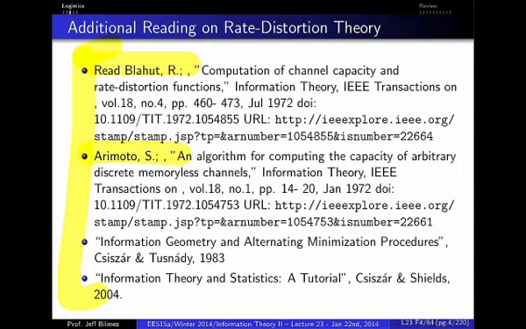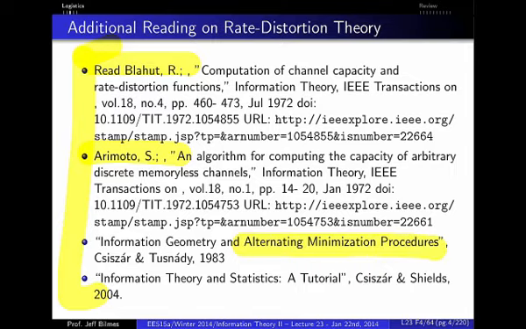They wrote these classic papers to compute both the capacity of a channel and also the rate distortion function, using a procedure which was later shown to be equivalent not only to the EM algorithm used for maximum likelihood estimation in statistical models, but also to the alternating minimization procedure, which we're going to go over.